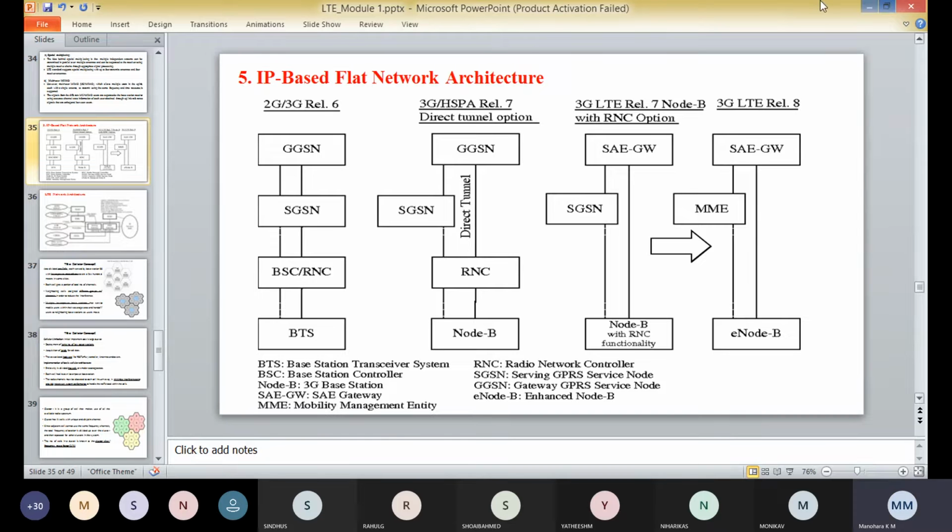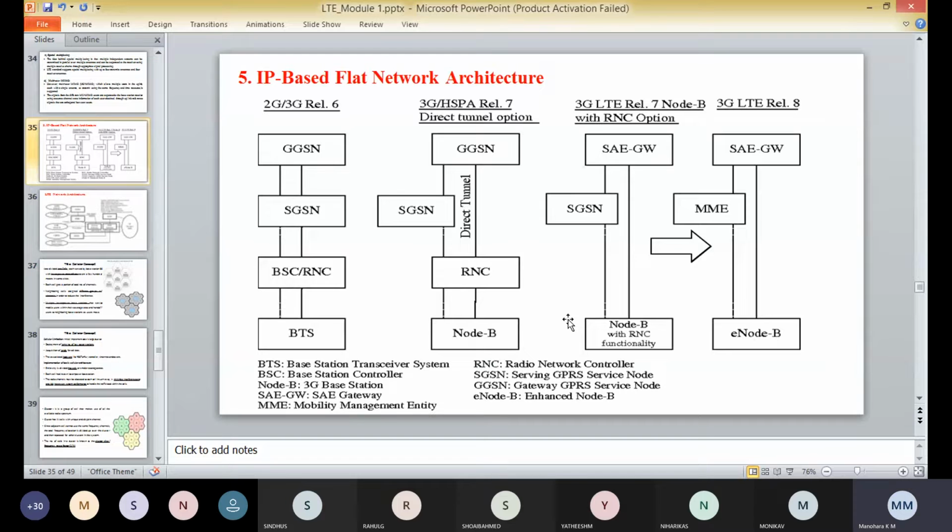Here the figure shows the IP based flat network architecture. Fewer nodes reduces interoperability issues, provides better optimization of radio interfaces, merging of some control plane protocols and shorter session startup time.